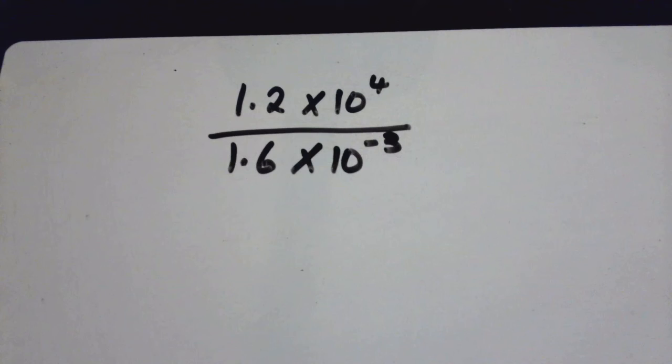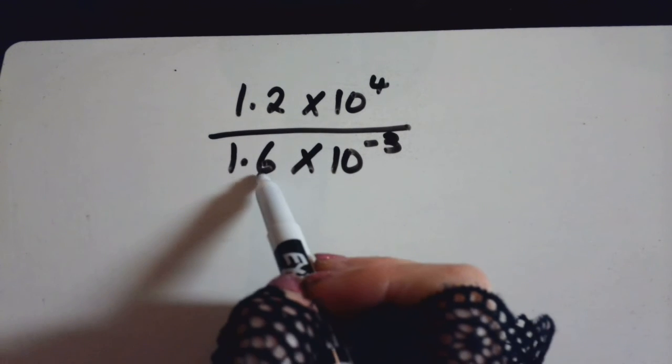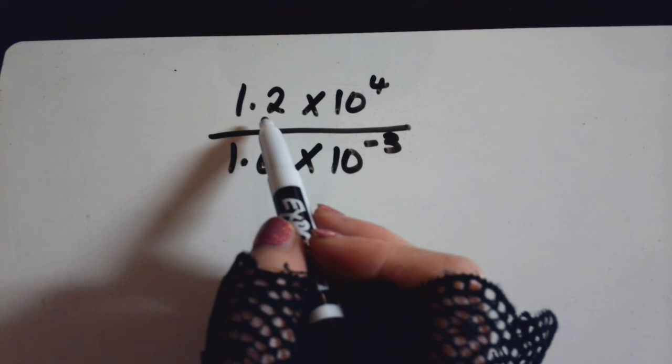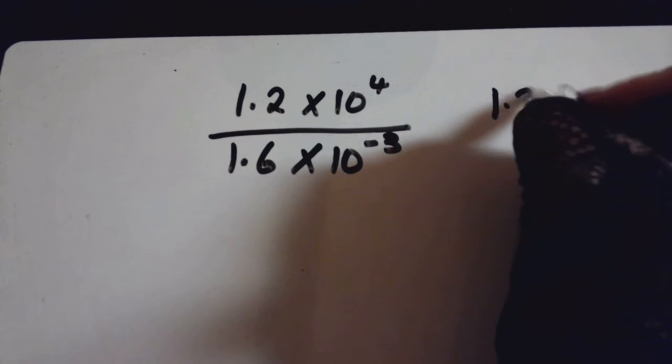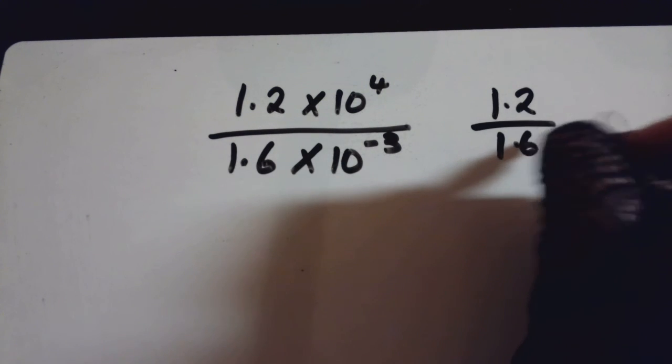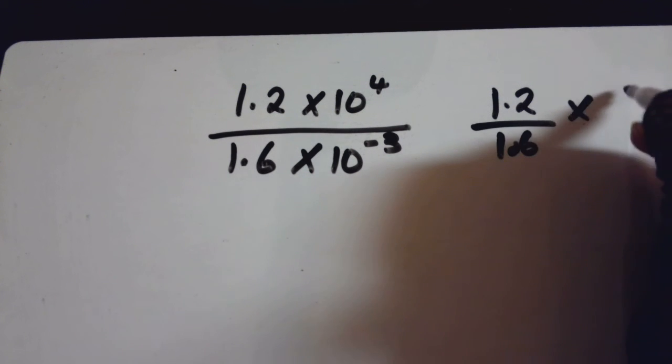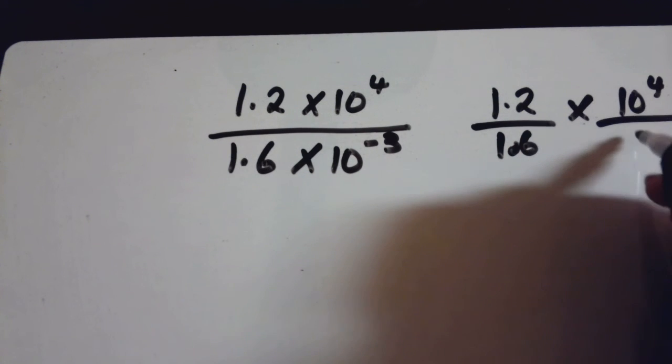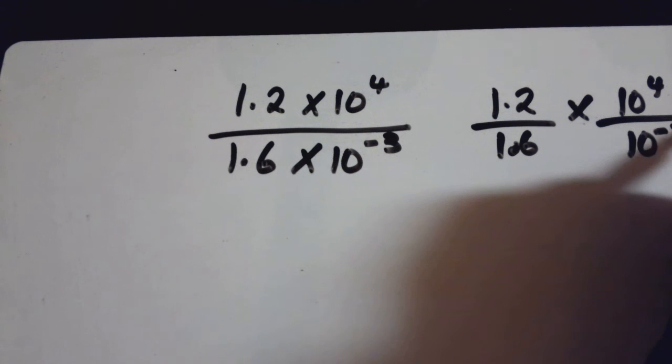Division works just like you would think it would work. You're going to divide 1.6 into 1.2. So I'm going to go ahead and show how you do that. Times, and then you've got 10 to the 4th, and these are same bases, and negative 3.